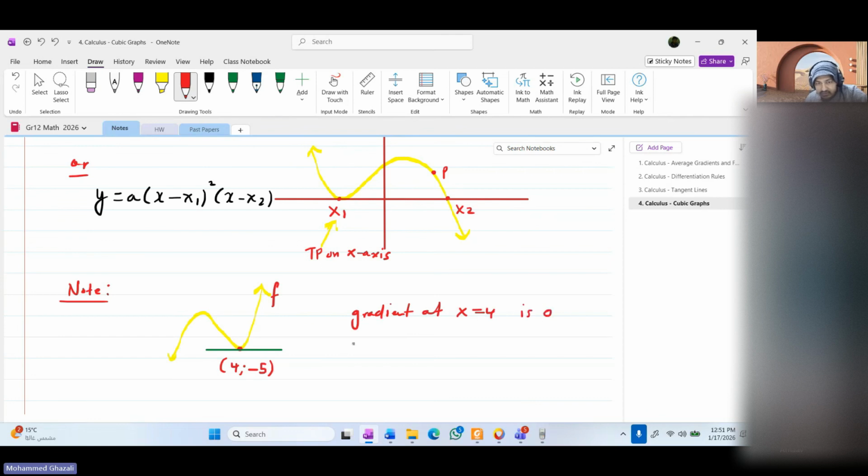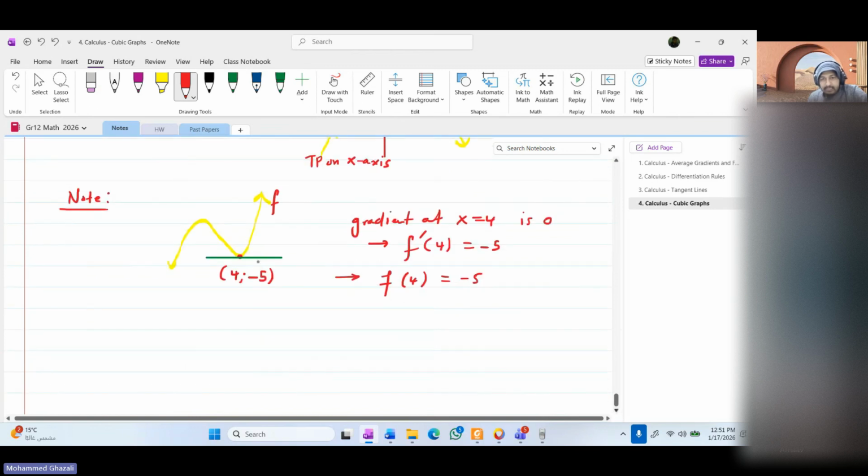How are you going to write this out? You're going to write this out as f of 4 is equal to negative 5, f prime. And what about (4, negative 5)? That's just a direct point. So the direct point is f of 4 is equal to negative 5. So two important things. Sorry, f prime 4 is not negative 5, it is 0.